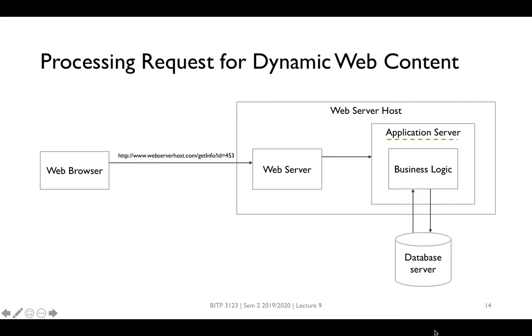Specifically, the business logic will process the information related to ID 453 and interact with the database server. When the business logic has finished, it will return the result to the web server. A special program will generate a new page to produce a customized response. Then it will be sent back to the user.